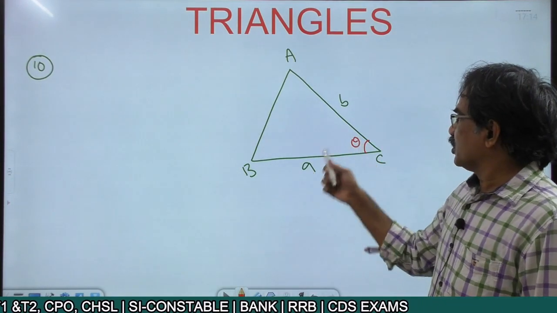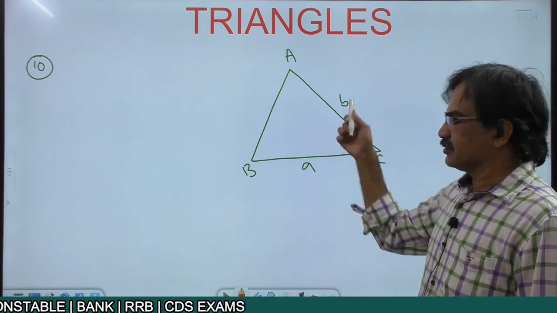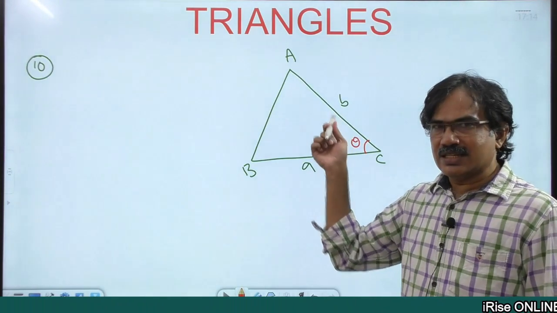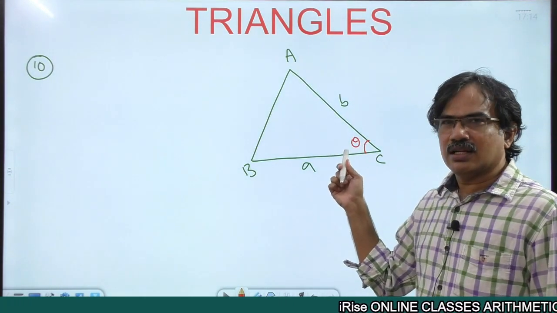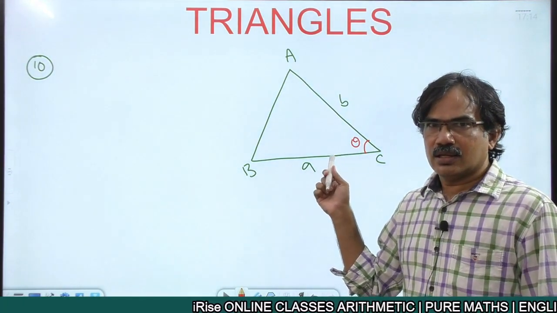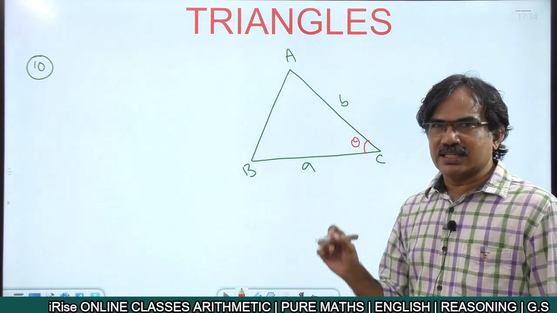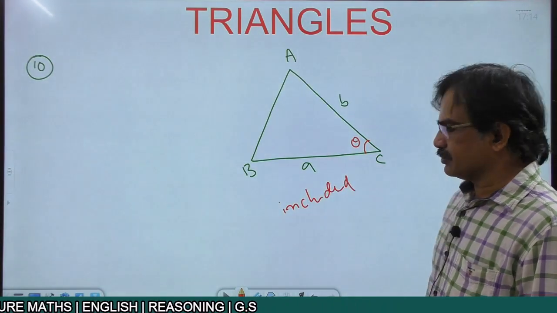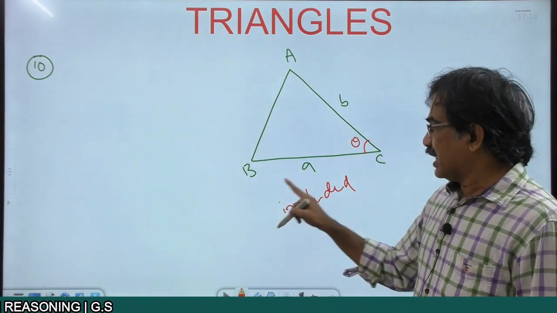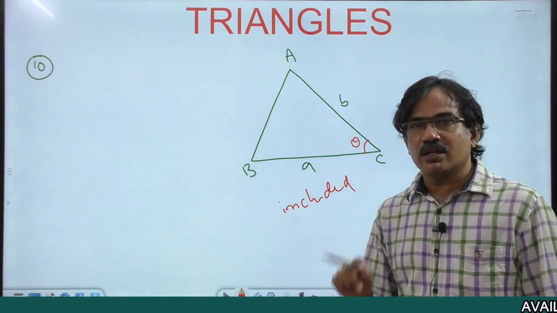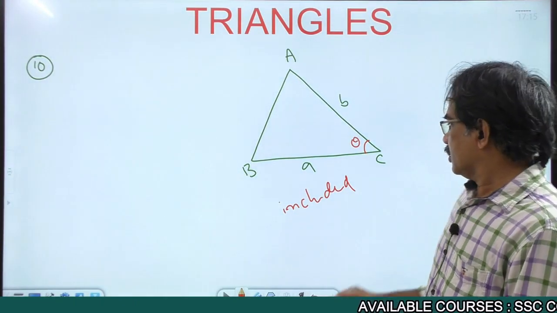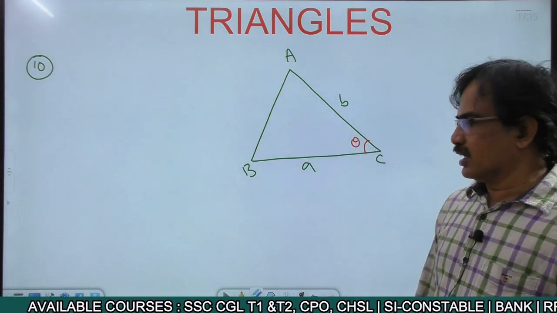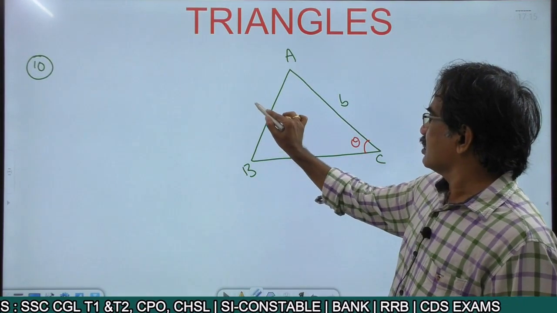This is the angle between two sides, A and B. If two sides and this angle are given, this angle is called the included angle. The angle between two given sides is called the included angle. If two angles and the middle side are given, that is called the included side.